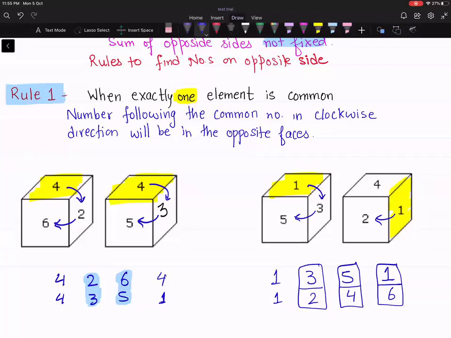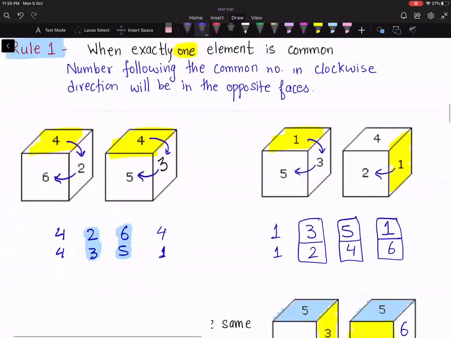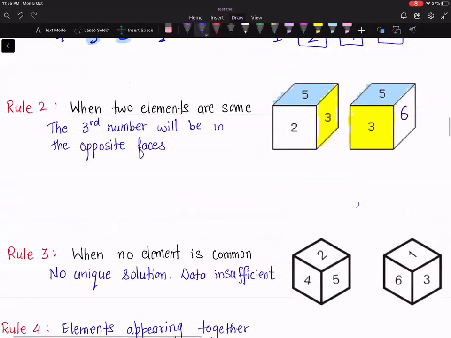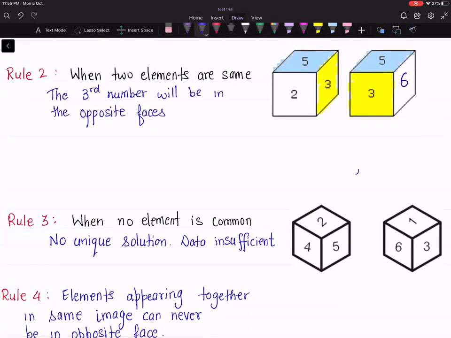Now let's take the case where two elements are common or none of the elements is common. Rule number 2: if two elements are common, then the third element which is not common will form the opposite face. So opposite to 2 will be 6.